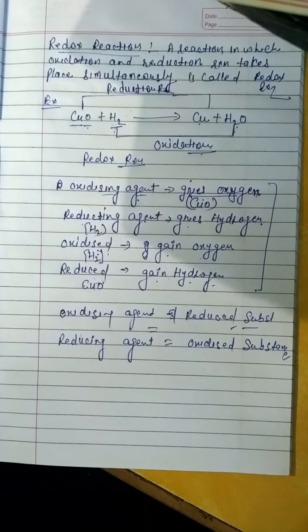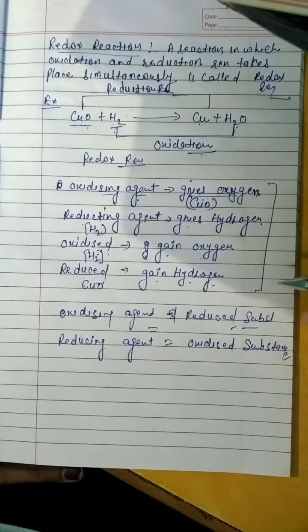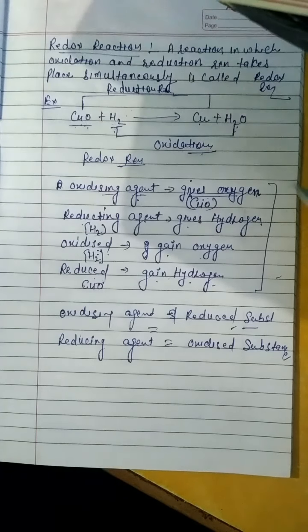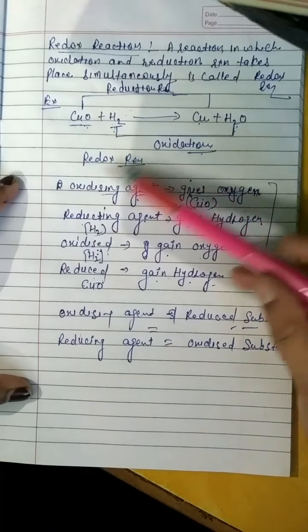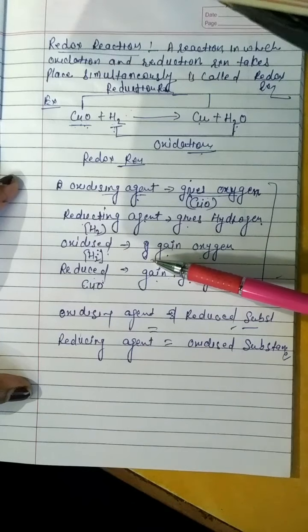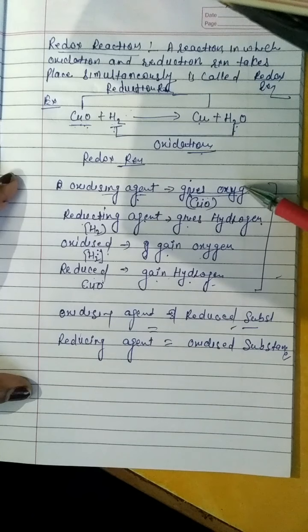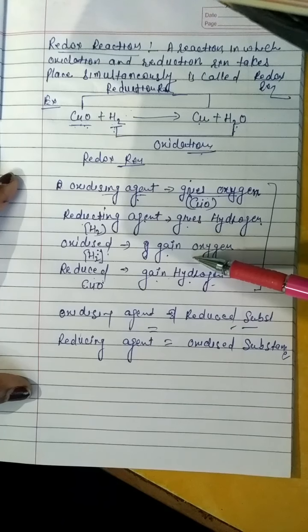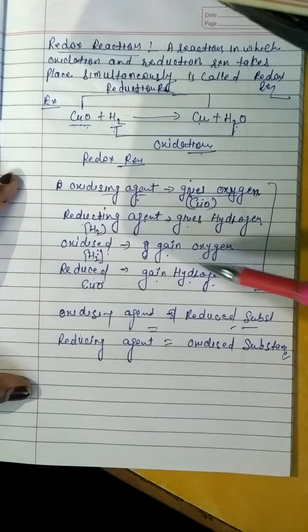Clear? Now from the above reaction, each and everything is clear now. This one is about the oxidation, reduction and redox reaction. And mostly these type of questions take place. Which is the oxidizing agent, which is a reducing agent, which one is oxidized substance, and which is a reduced substance.